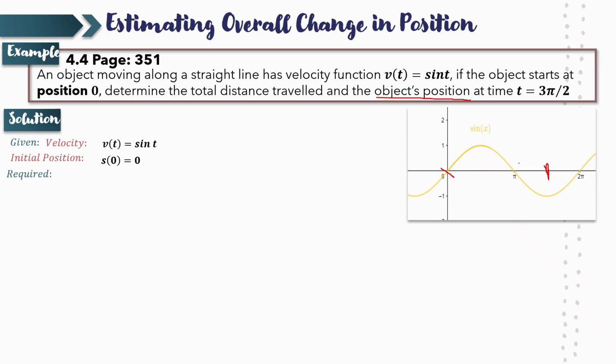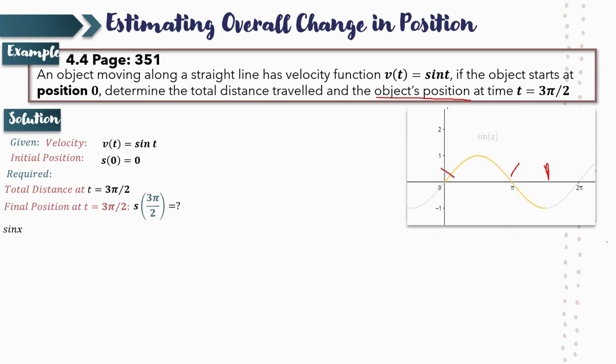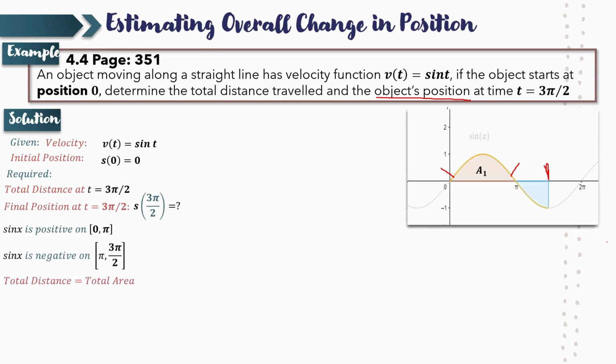As per the sine graph, you all know 0 to pi is above the x-axis, pi to 3 pi by 2 is below the x-axis. In that note, 0 to pi as it is above the axis, it will be positive, and pi to 3 pi by 2 it's below the x-axis, so it will be negative. Having this idea, total distance is nothing but the total area.